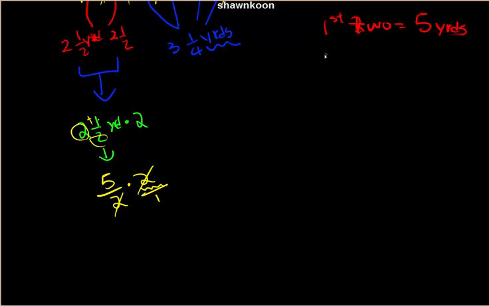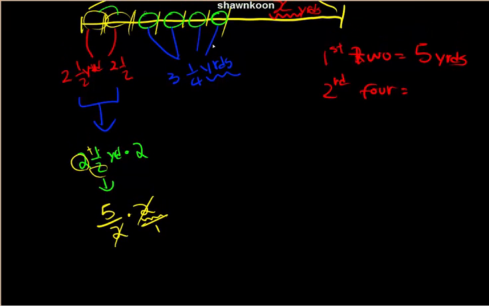And we have to find the second 4, right? Second 4 chunks up here, these 4 chunks. So how do we find that? Okay, so we grab this down here and change it to an improper fraction. So 4 times 3 is 12, plus 1 is 13 over 4.